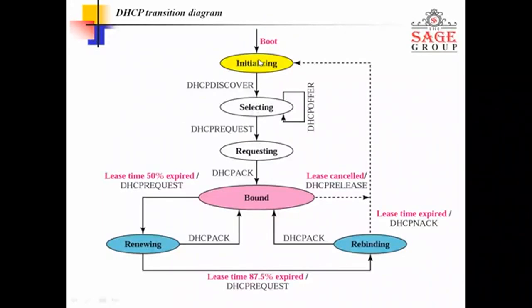First step is DHCP discover. Initialization discovers the DHCP value and sends it to the selecting part. Then selecting works in a self loop and offers the value of DHCP, what is the range of IP addresses we have to send to the client.